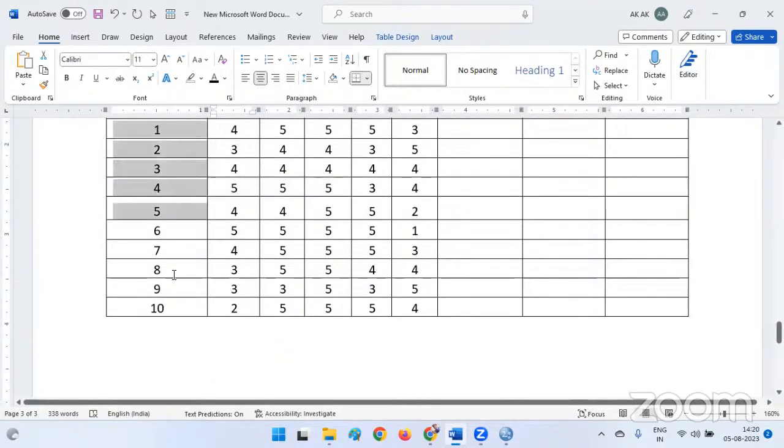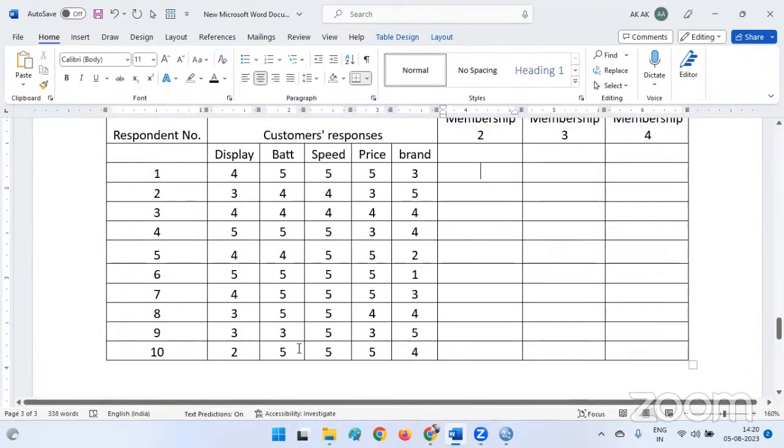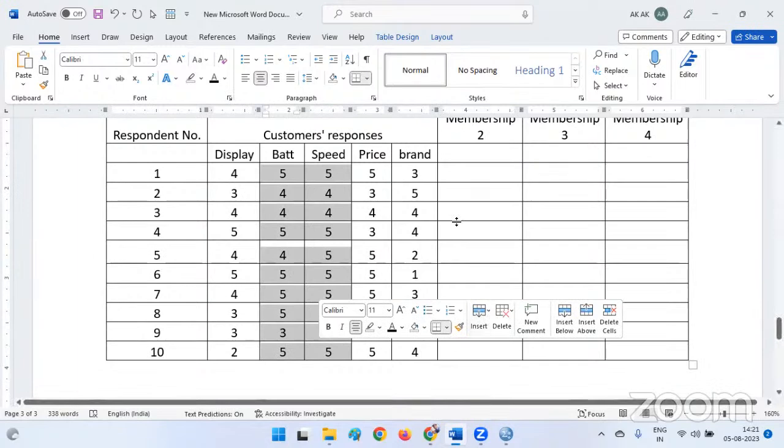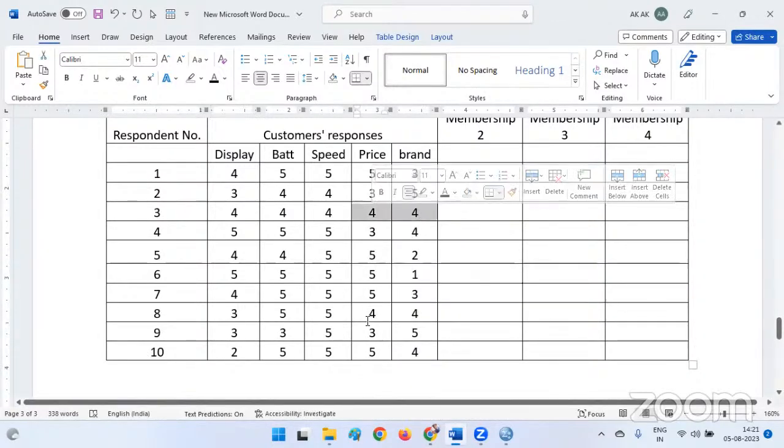So there are 10. Now, if we divide them, you see that most of them are equal, 4, 5, 4, 5, 4, 5 for battery and speed. A few of them do not give importance to display, but there is a distinction in the price and brand. There is a reverse relation. These two are the same.